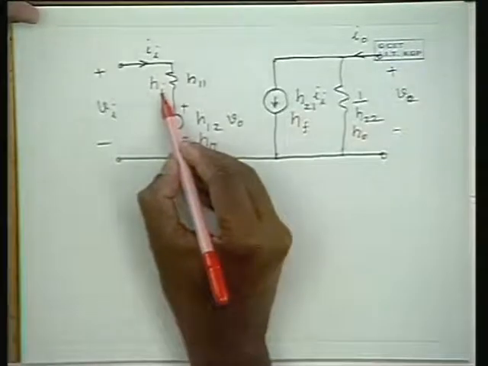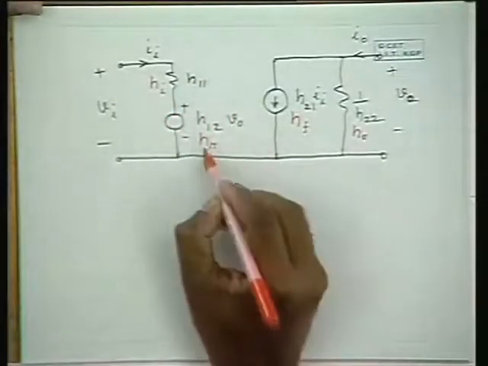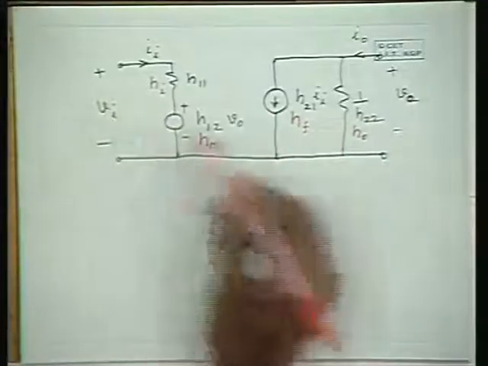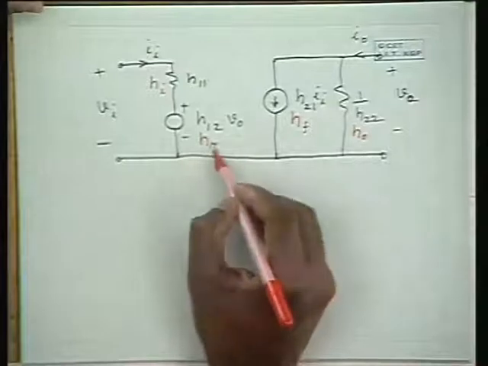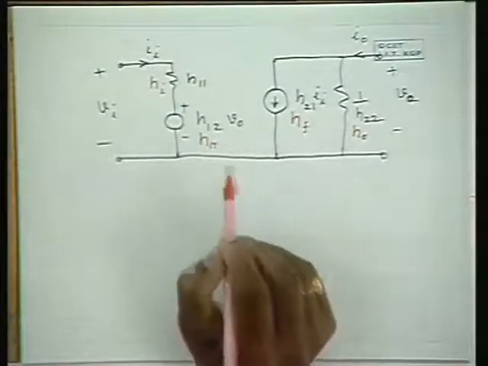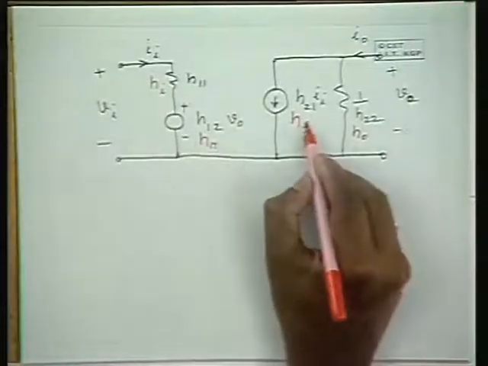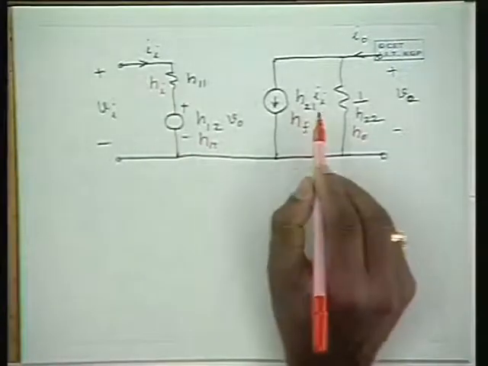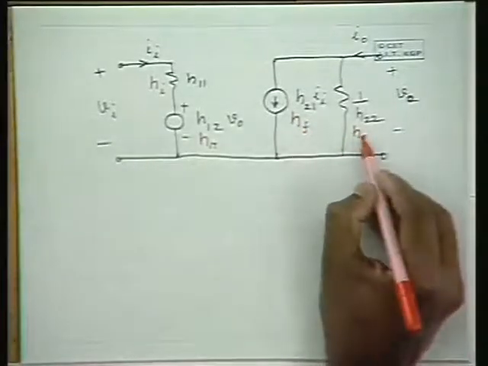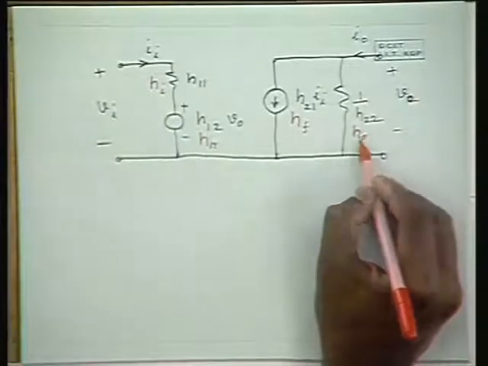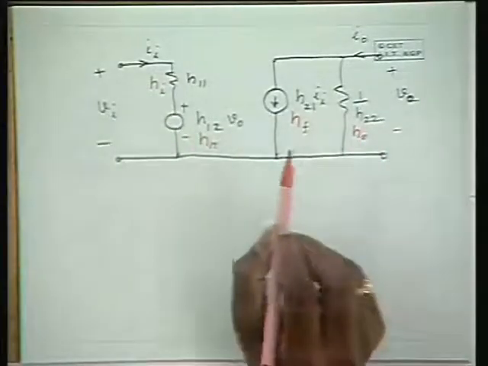So, this i indicates the input parameter, r indicates the reverse voltage ratio. Since it is a reverse voltage ratio parameter, r indicates reverse. This gives you the forward current ratio, to indicate that hf is used. This is the output admittance parameter, therefore ho is used here. So, this is the notation that is followed.